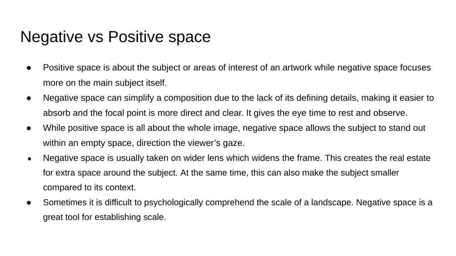Sometimes it's difficult psychologically to comprehend the scale of a landscape, but negative space is always a great tool for establishing the scale because we know our setting and we know where the subject is.